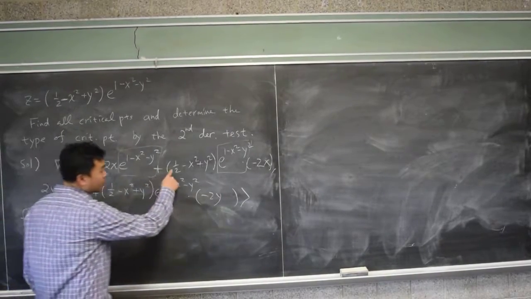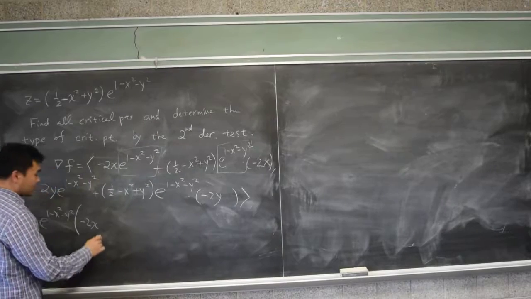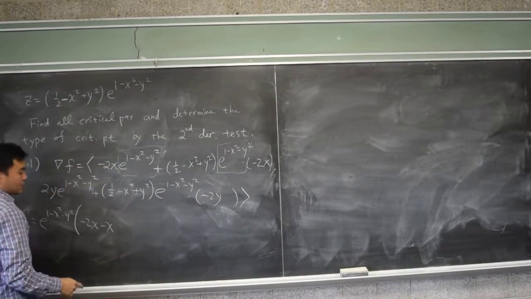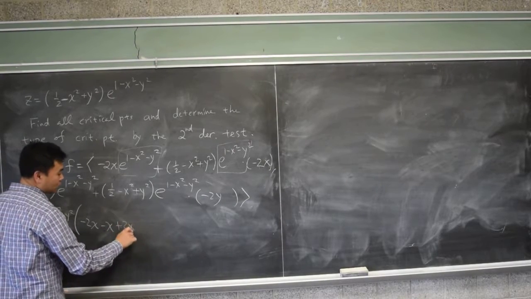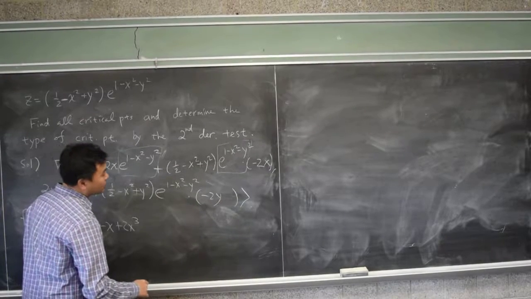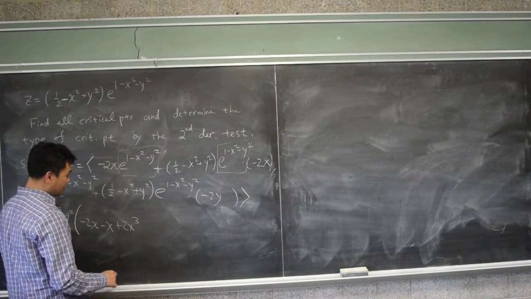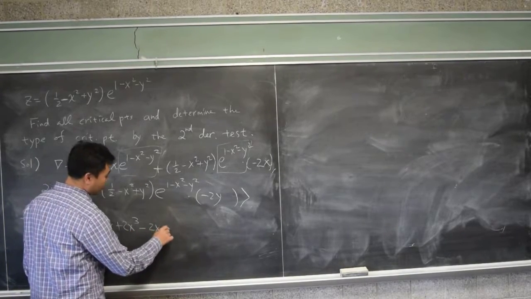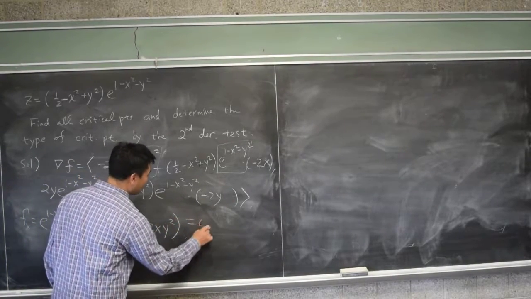And second thing, 1/2 times negative 2x is negative x. And then negative 2x times negative x squared is positive 2x cubed. Y squared times negative 2x is negative 2x y squared. That has to equal 0.